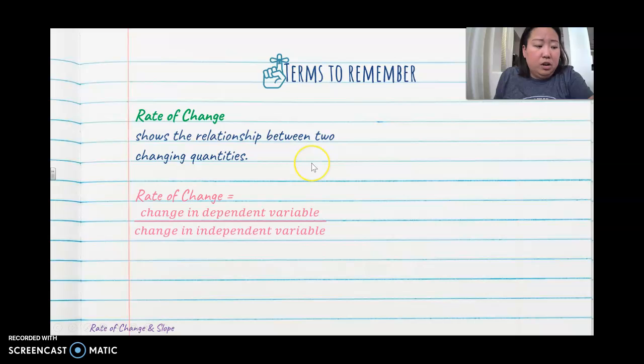So whatever situation you are given, and typically you will be presented with data of values, you will always have to identify which are your dependent values and your independent values. And all you need to do is find the difference. So you have to subtract two dependent values and then divide it by two independent values.